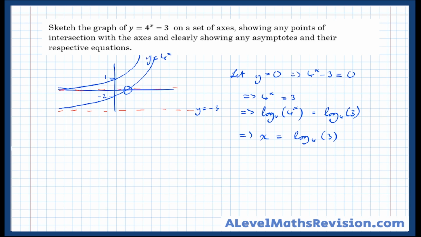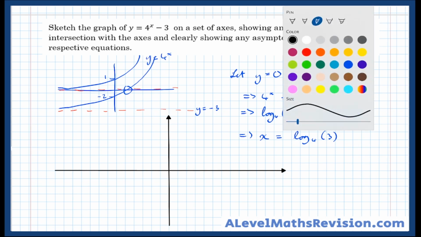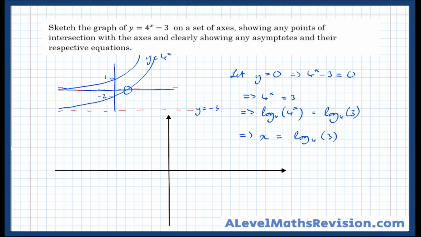So that's all the ingredients we need now to be able to draw the curve. So let's go for a proper attempt now. What we want is a horizontal dotted line to represent the asymptote at y equals minus 3. This might take you multiple attempts.